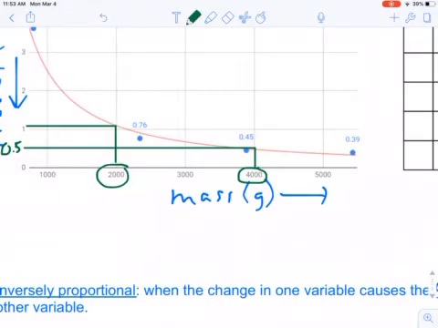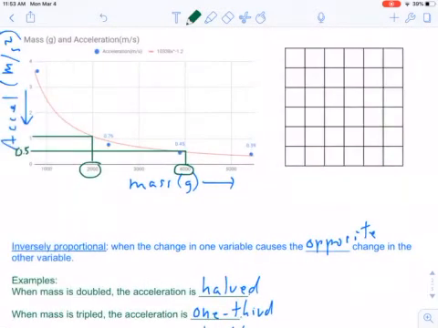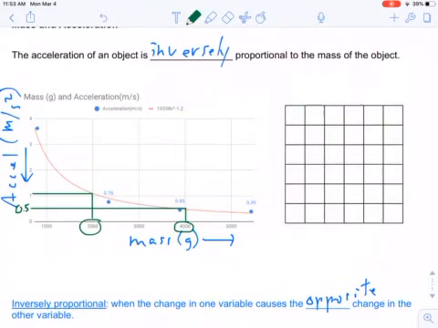Good job, team. And in this graph over here, looking at the relationship just from a mathematical standpoint. In inversely proportional, you are saying that y equals 1 over x, whereas last time it was y equals x.